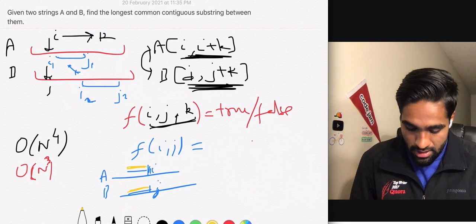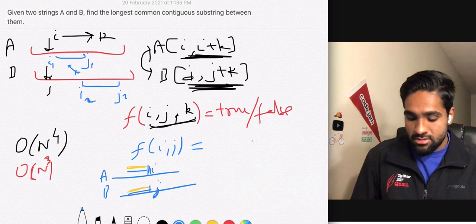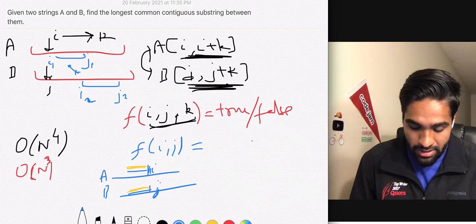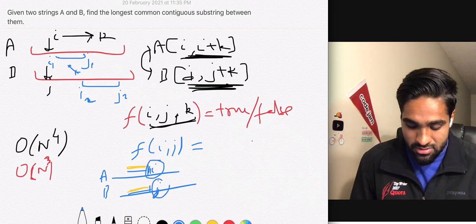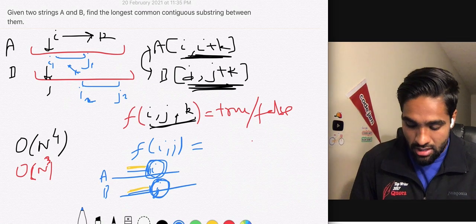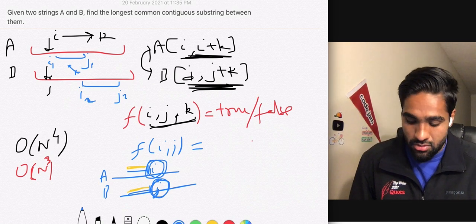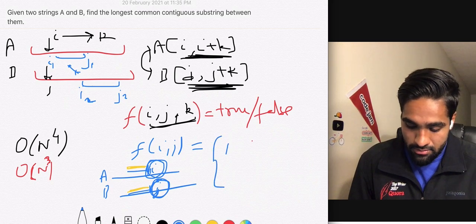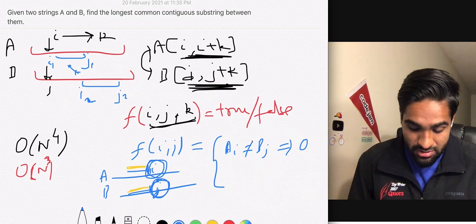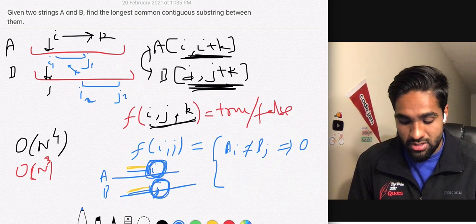Now what we just need to do is figure out a recursive formula for this dp function. And how do we do that? Think of it like this. If a of i is not equal to b of j, then we don't have a matching substring which ends at position i and j. So in that case, our answer is 0. So we have two cases. If a of i is not equal to b of j, then our answer is 0. Otherwise, let's say a of i and b of j are the same.